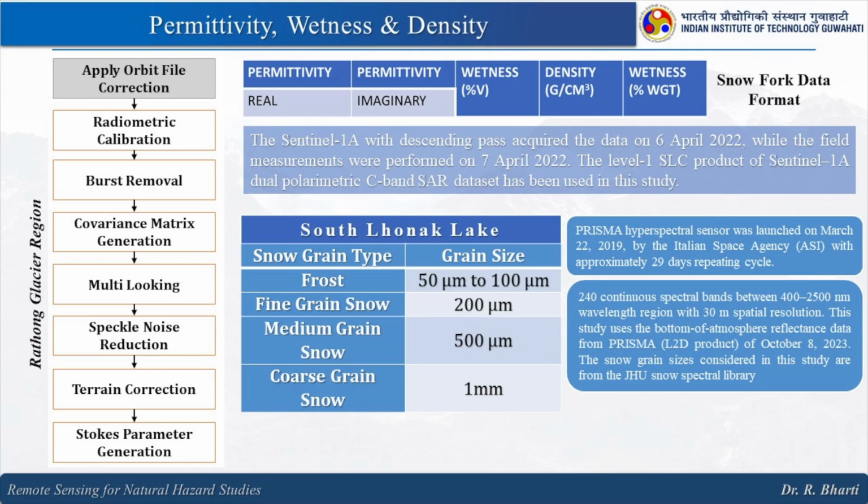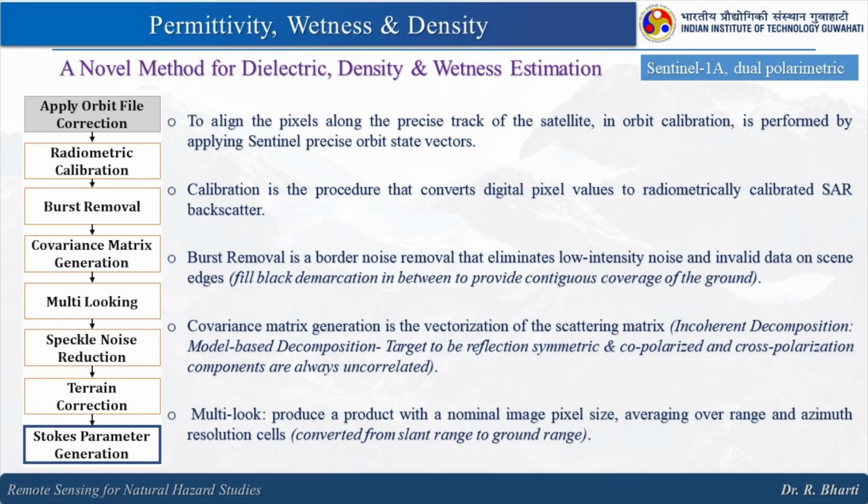This table explains the different snow grain sizes that we have considered, right. A novel method for dielectric, density and wetness estimation has been developed using the Sentinel-1A dual polarimetric data.